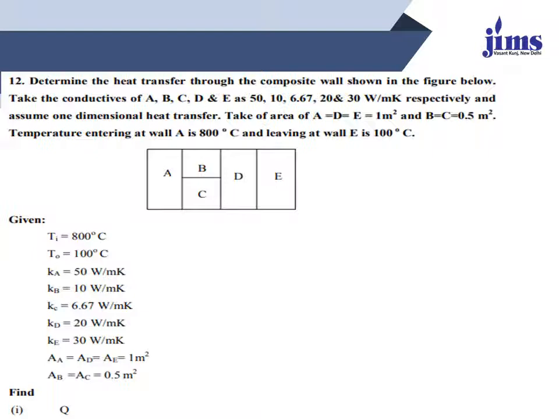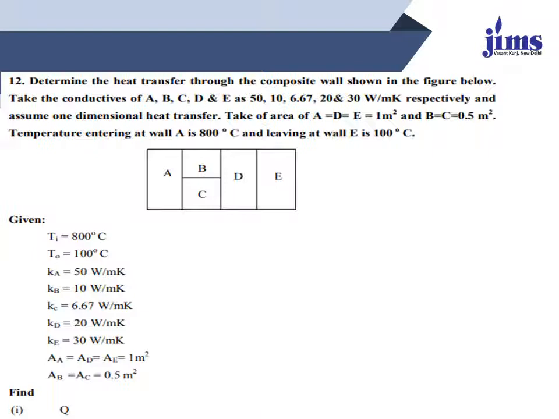So the highest temperature of the system is 800 degree centigrade at this side, and the lowest temperature of the system is at the C side and E side. Ti represents the inner surface temperature and T naught represents the outer surface temperature, so 800 degree centigrade is this side temperature and 100 degree centigrade is this side temperature.